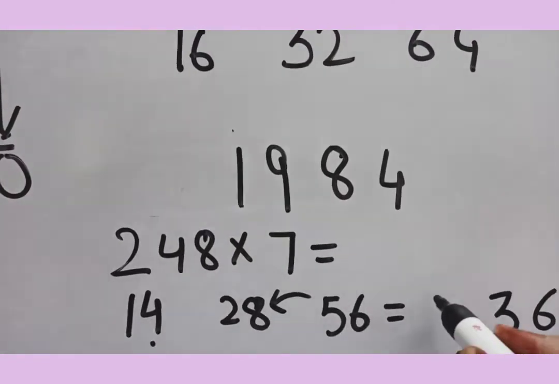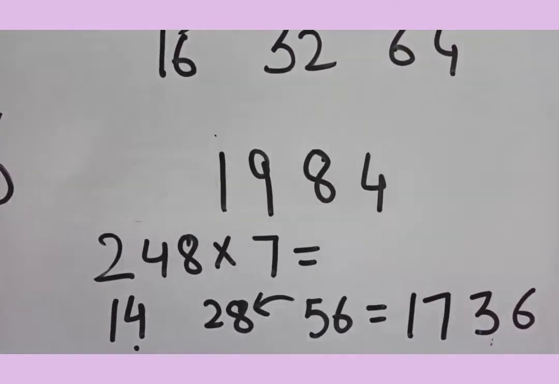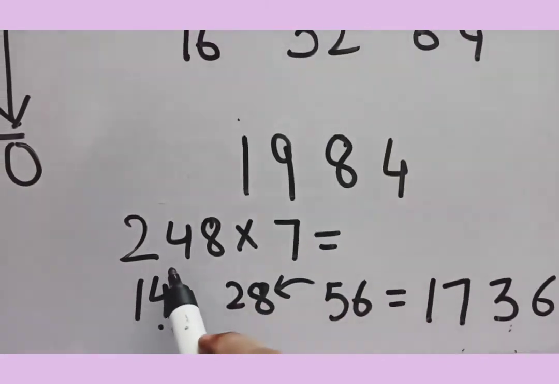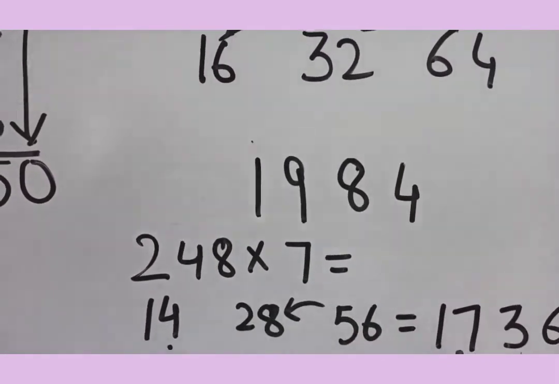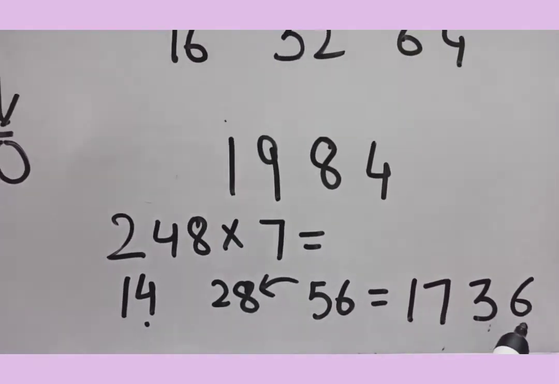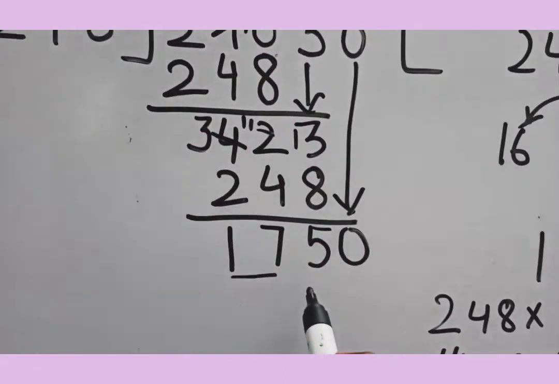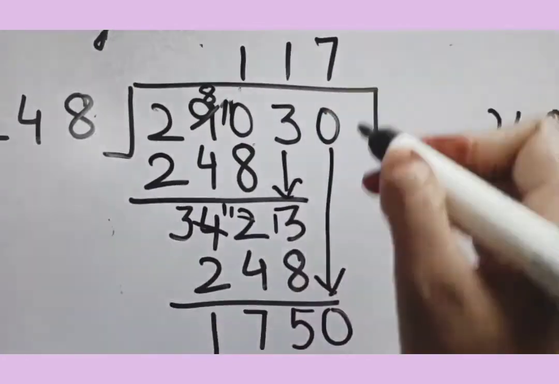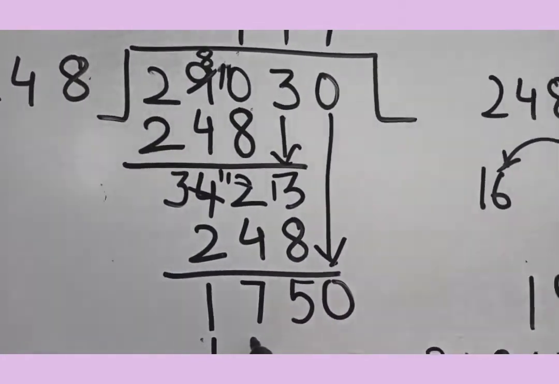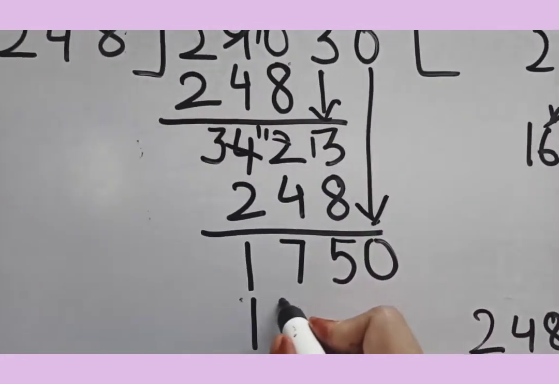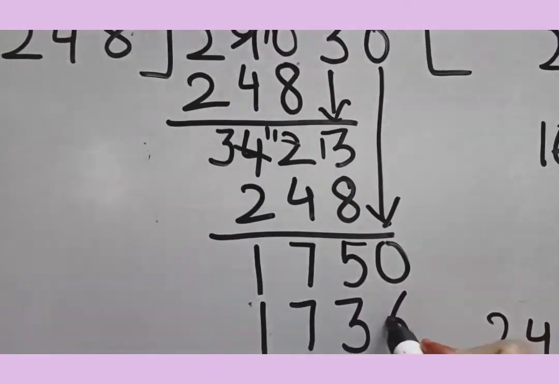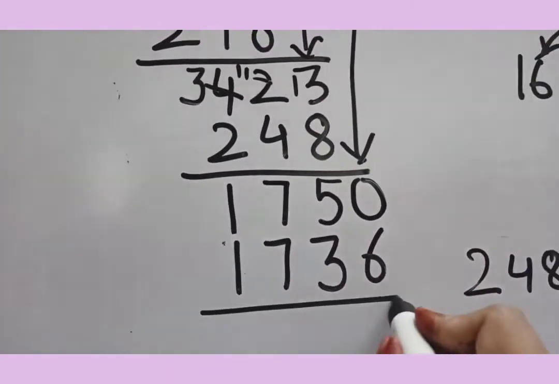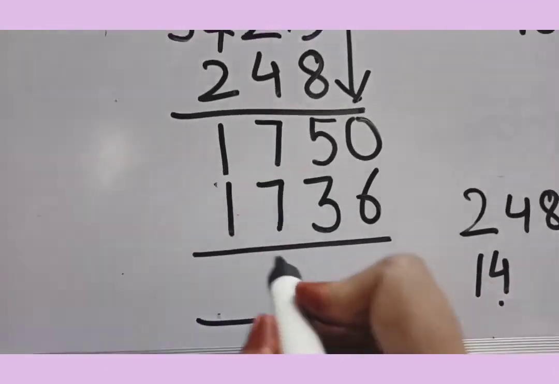And 3 added to this number is 17. So when I multiply this number by 7, I will get 1736, which is less than 1750. So we will directly divide it by 7 and I'll get the answer 1736.